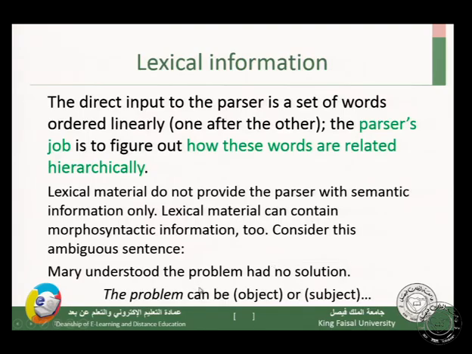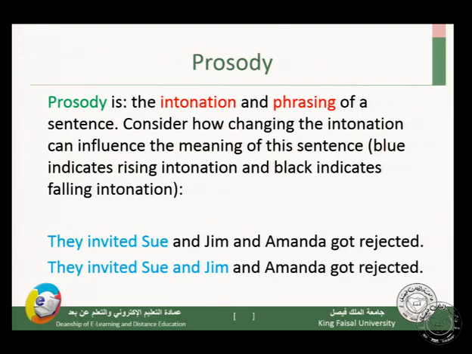So this is the first thing which helps you understand spoken material. It is lexical information. The second thing, which is clearer than the previous one, is the prosody. The prosody is the intonation and phrasing of a sentence. Let's consider how changing the intonation can influence the meaning of this sentence.